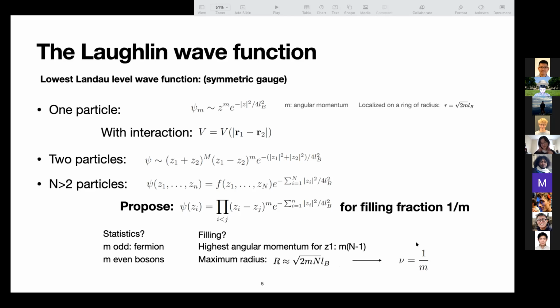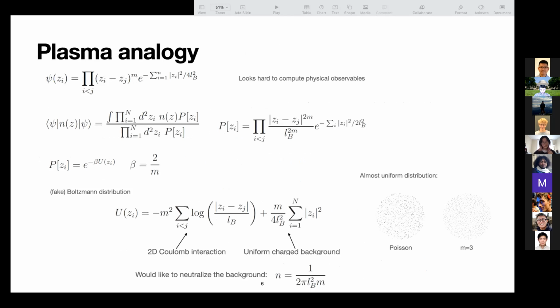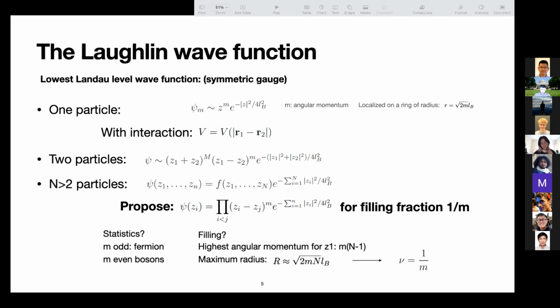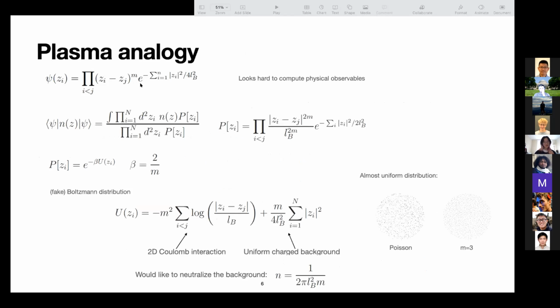So this is nice, but if we want to compute any physical observables using this wave function, it seems a little bit hard, because it's a many-body wave function with many arguments.